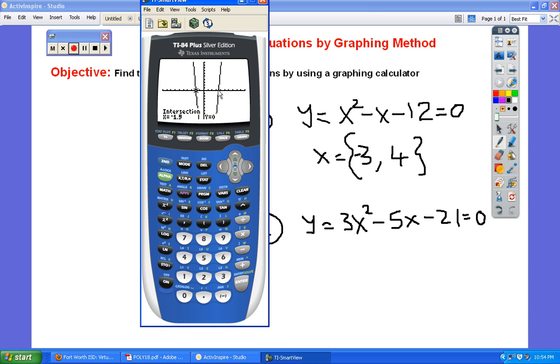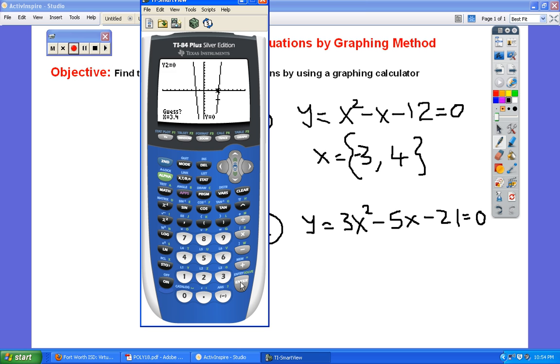Now, in order to find exactly what the other answer is, hit trace, then with your right arrow, go to the next side until you see the cursor coming close to your x-axis. Continue doing it, and don't do it too fast. Whenever it's over there, it doesn't matter where it is. Do second, trace, 5, and enter 3 times again.